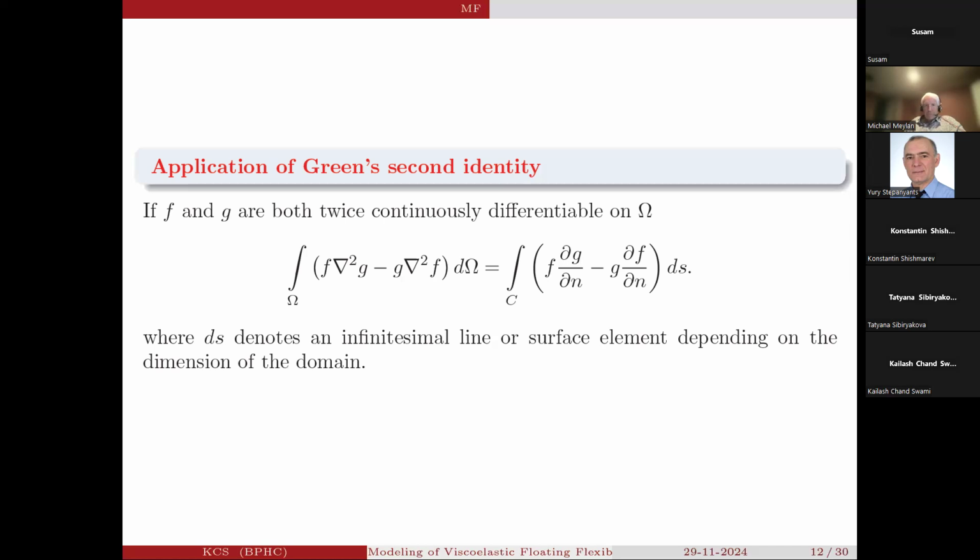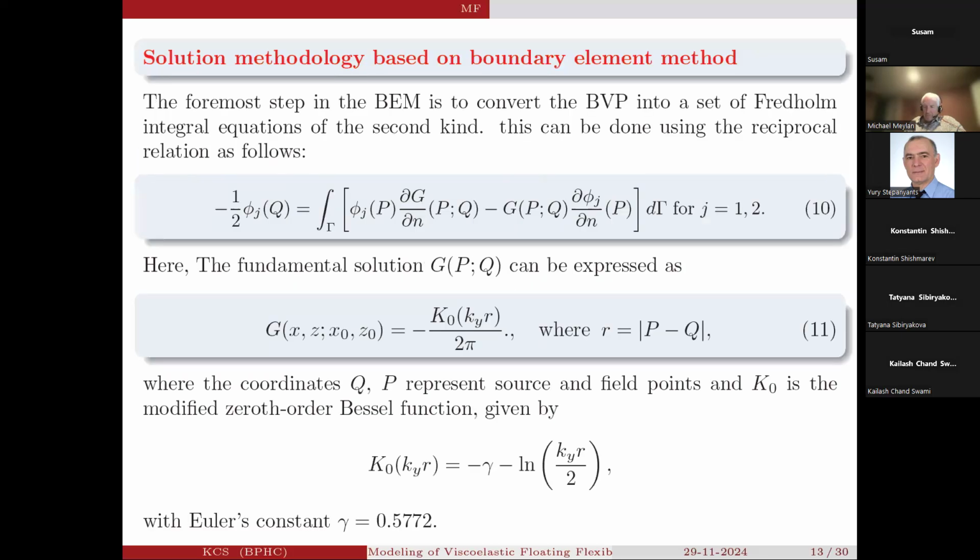With the help of the point collocation method, we can convert this boundary integral into a system of linear equations to get the unknown data on the boundary, to further calculate the results and conclusions.